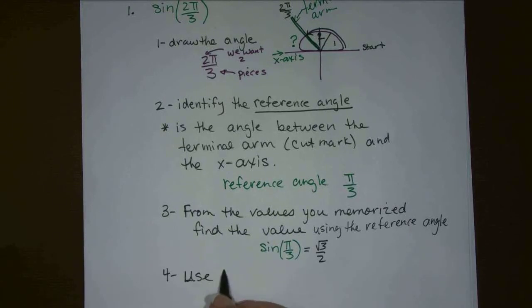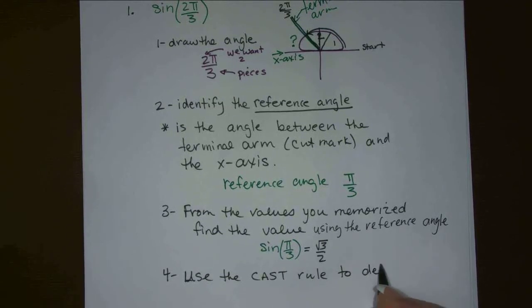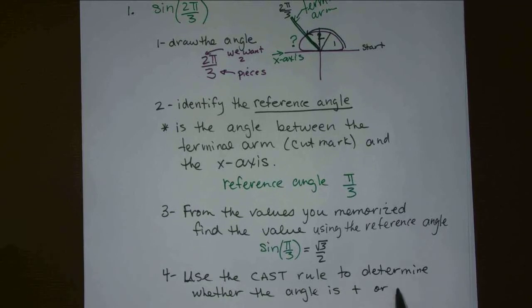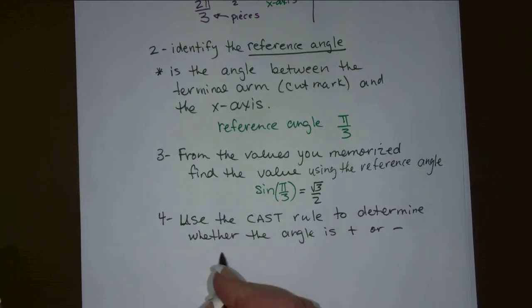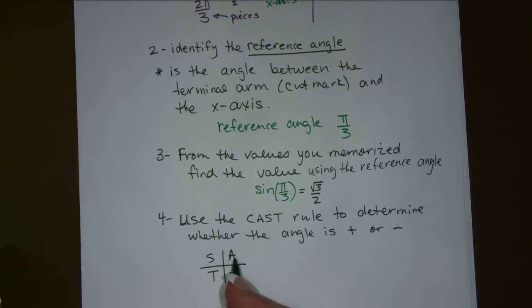Use the CAST rule to determine whether the angle is positive or negative. So how do we do that? Remember, it starts down here in the bottom corner. The A is where it's all positive.